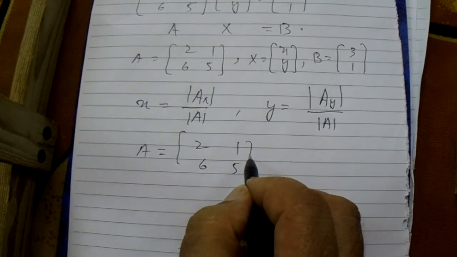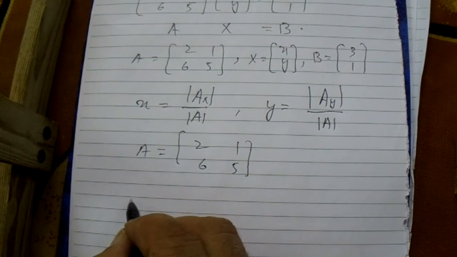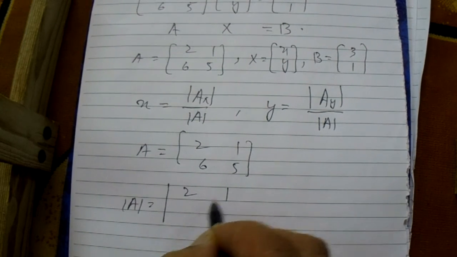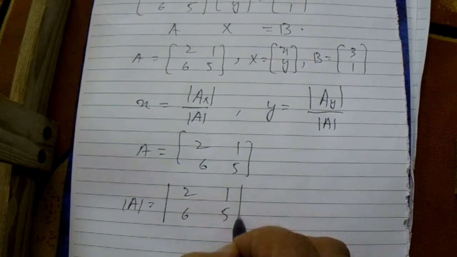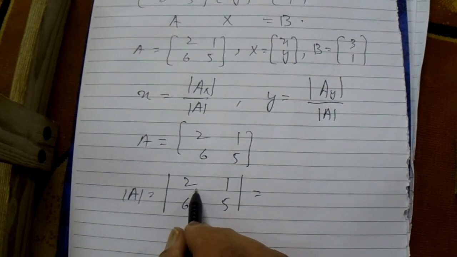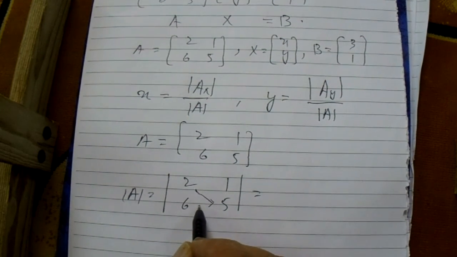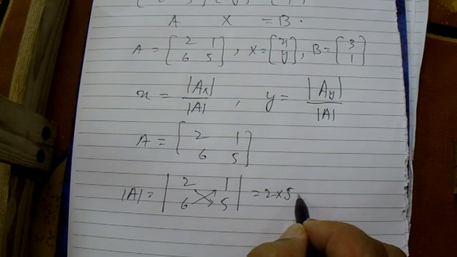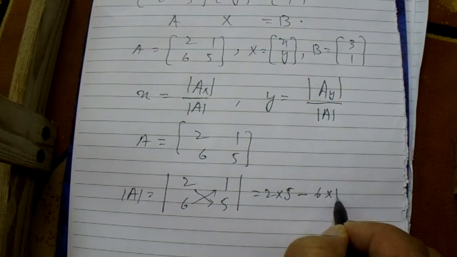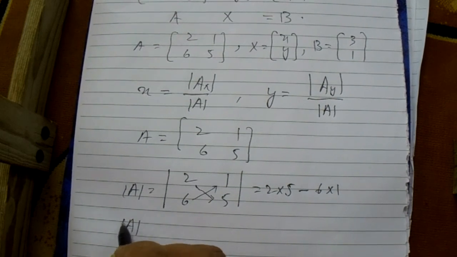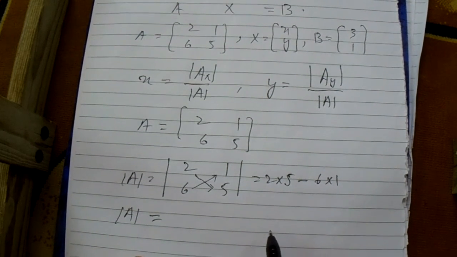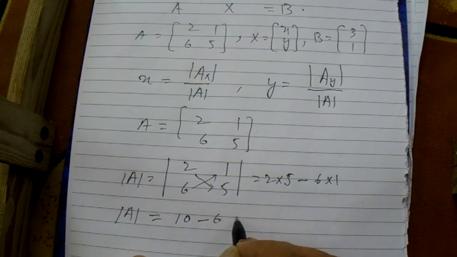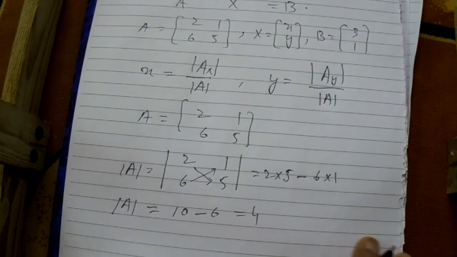Now we find det A: you multiply this and minus this multiply this. 2 multiplied by 5 minus 6 multiplied by 1. 2 5s are 10 and minus 6, you have 4. Now det A is equal to 4.